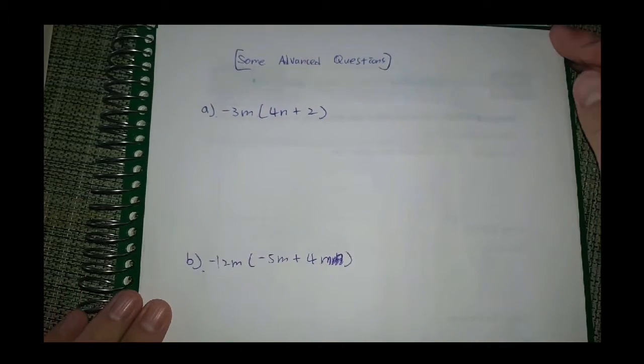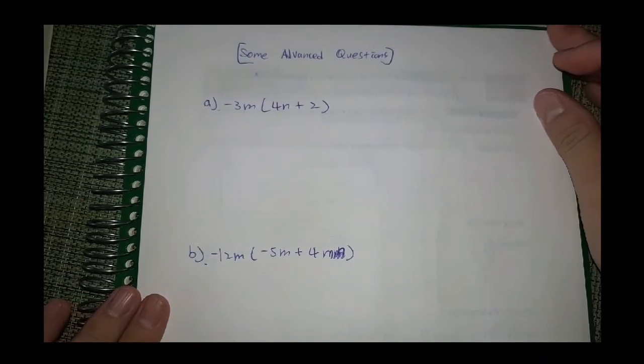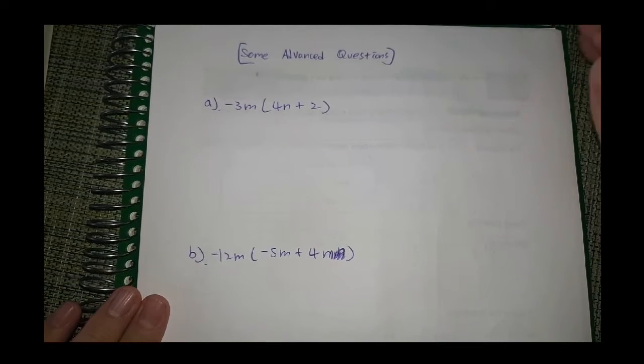At this point, I want you to pause the video and then copy A, B, and C. Right now, I don't think you can see C. There are 3 questions. I want you to copy these 2 first.